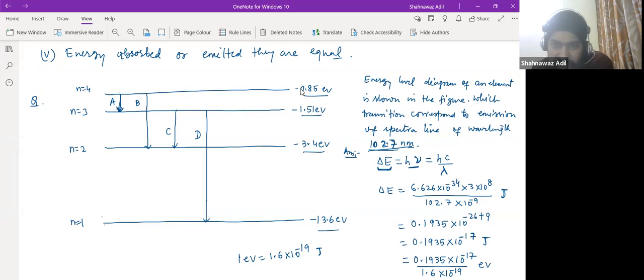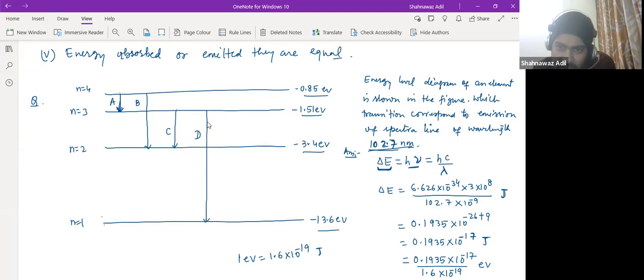And from B transition, which is from this to this, the difference would be roughly 3 electron volts. So this is also not possible. From 3 to 2, the difference is again nearly 2, so this is also not possible.